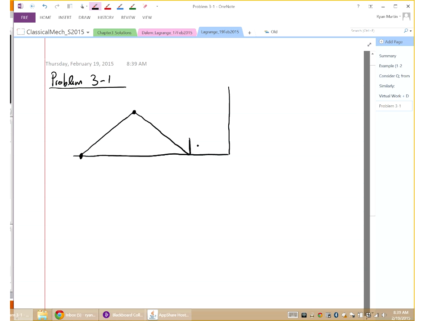And then I guess here there's some sort of mechanism that's connected to the rod. And then there's a spring of spring constant K. So these rods have a length L, and they are massless.